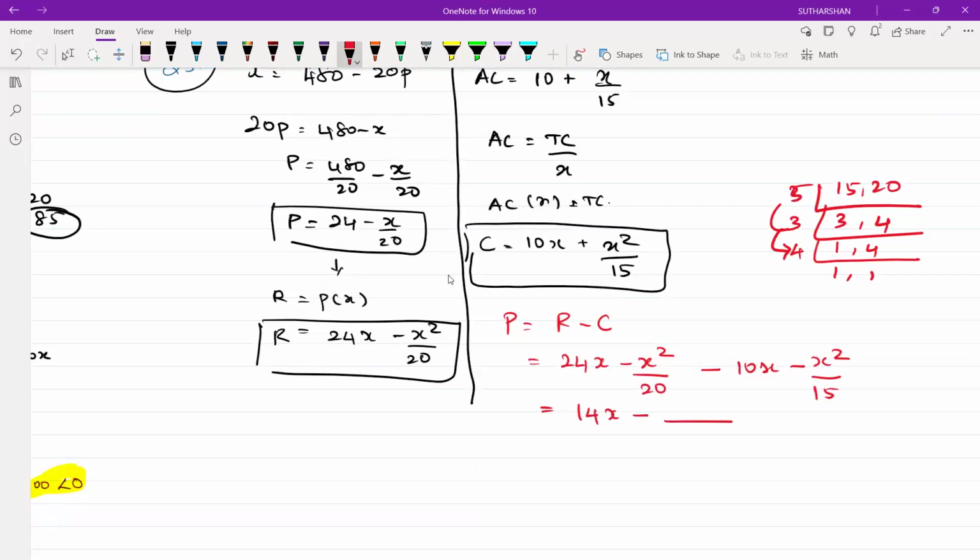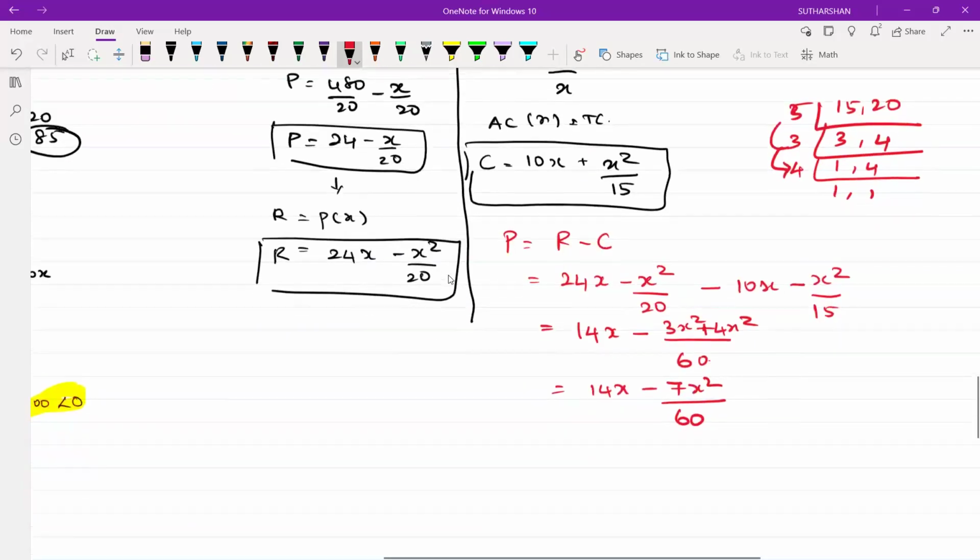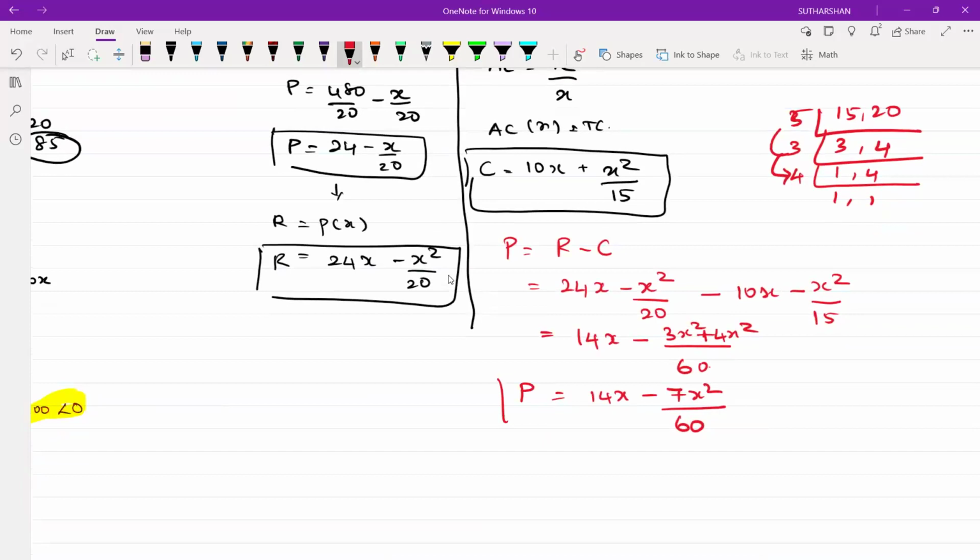So it will be minus 3x square minus 4x square, which gives minus 7x square. Finally it becomes 14x minus 7x square divided by 60. So that's my profit function.